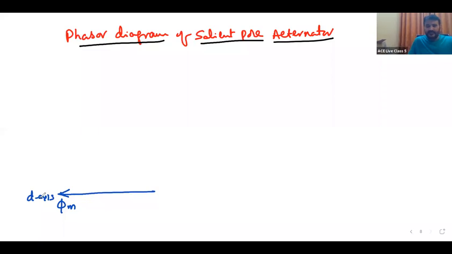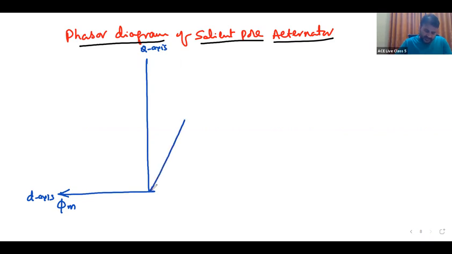The induced EMF is along the Q axis, the quadrature axis. Now what is V? V lags E with an angle delta.